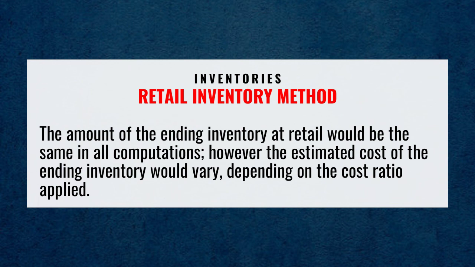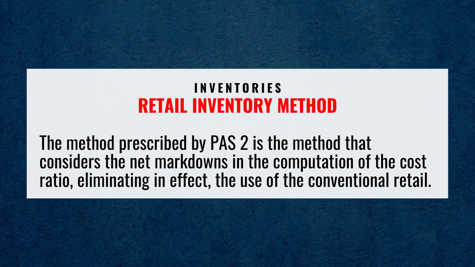However, the estimated cost of the ending inventory would vary depending on the cost ratio applied. The method prescribed by Pass Number 2 is the method that considers the net markdowns in the computation of the cost ratio, eliminating in effect the use of the conventional retail.